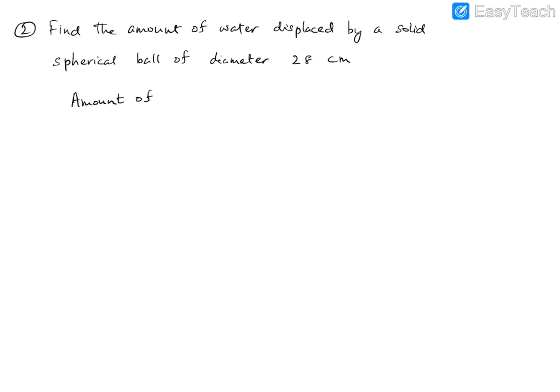We'll write that down. Amount of water displaced equals the volume of the spherical ball. So basically we have to calculate the volume of the spherical ball. Again we will use the formula for the volume.